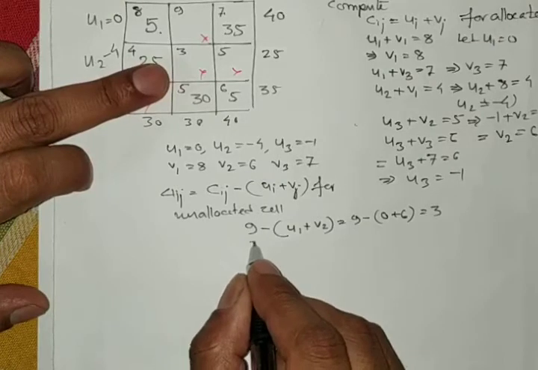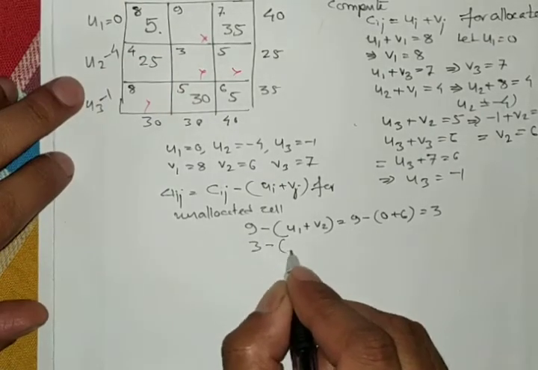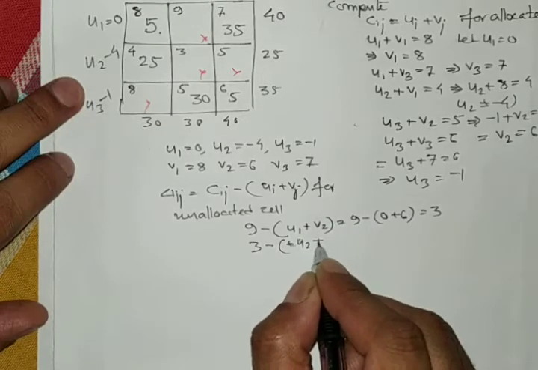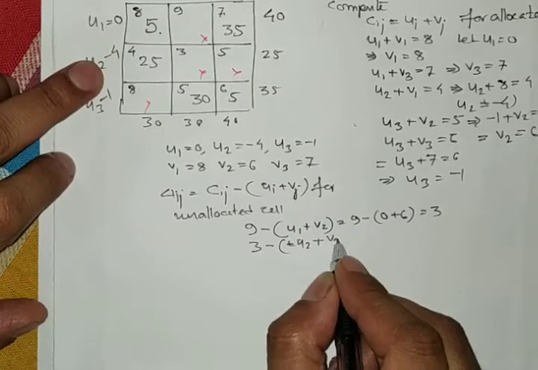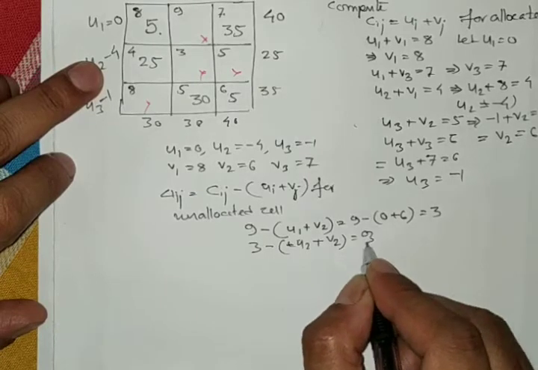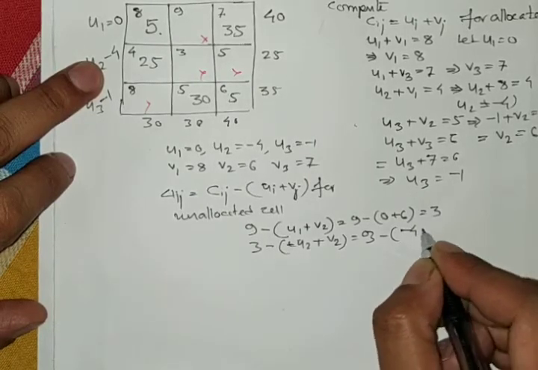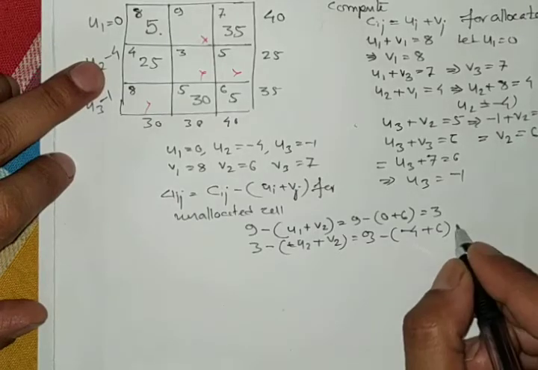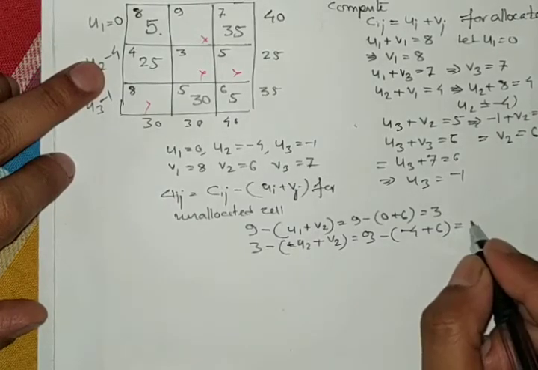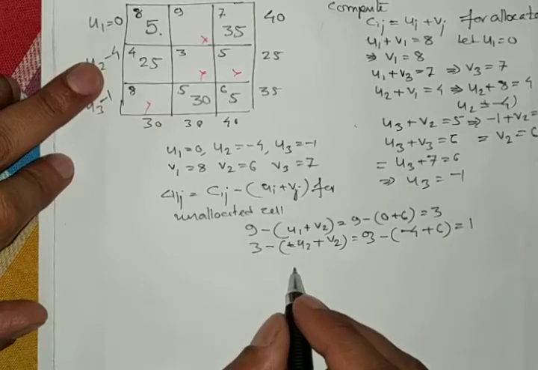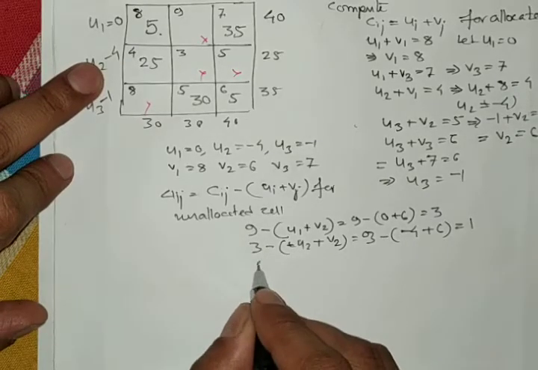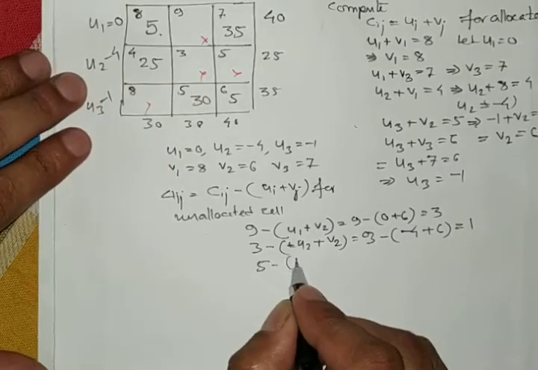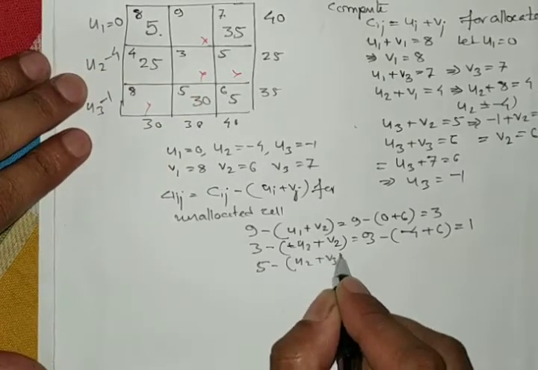This one 3, that is u2 plus v2. This is 3 minus (minus 4 plus 6), so it will be 1. Similarly, this is 5, u2 plus v3.